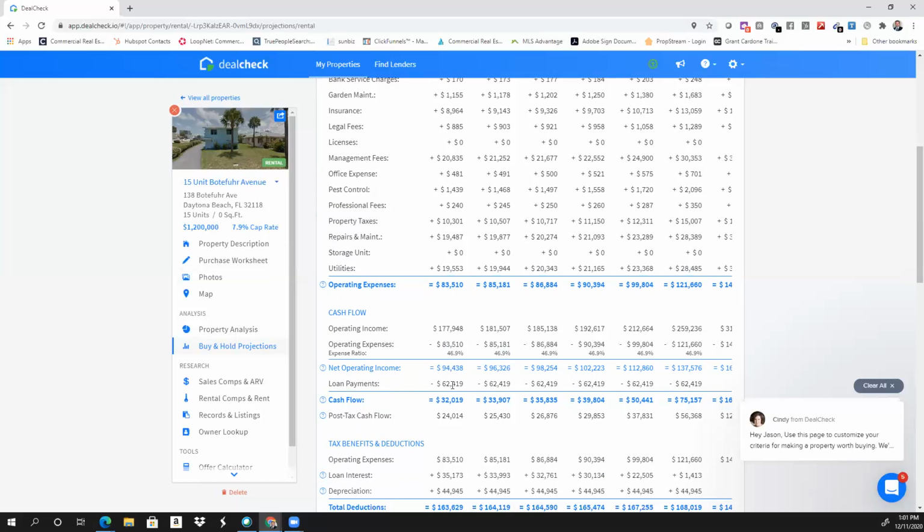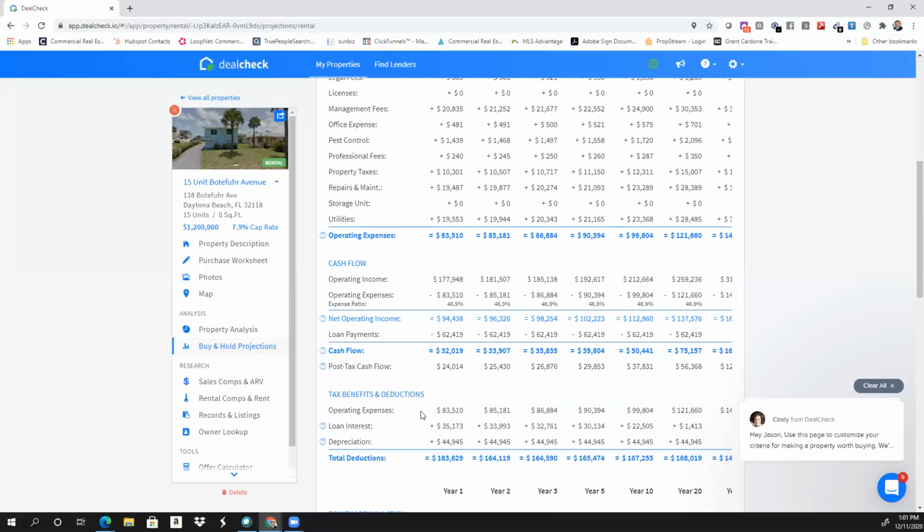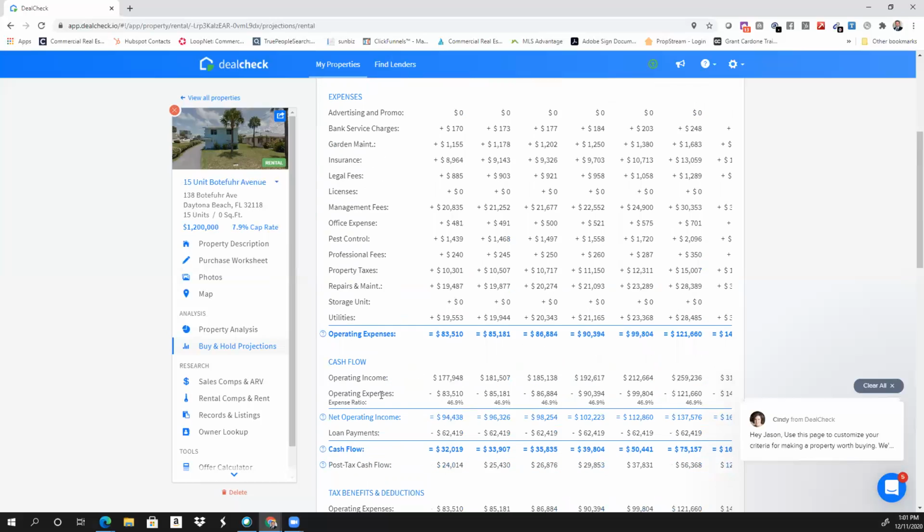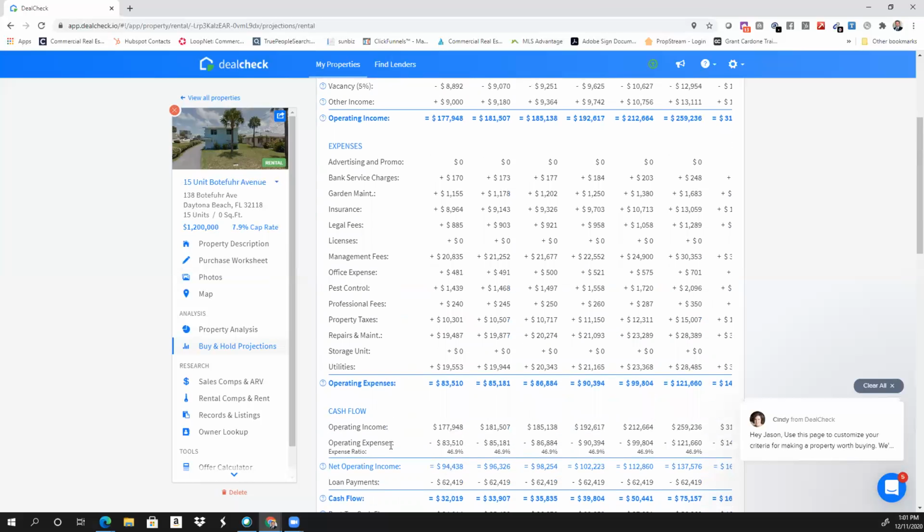Okay. Now the loan payment, here's where some people get a little confused, right? Because your net operating income, write this down. Your net operating income, NOI. Someone will say, well, what's the NOI?